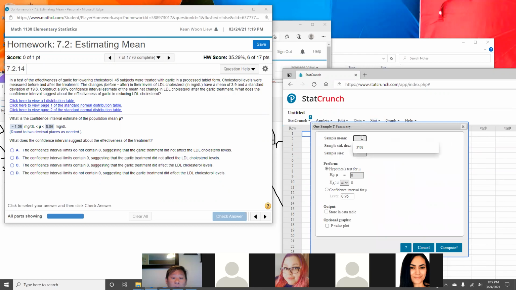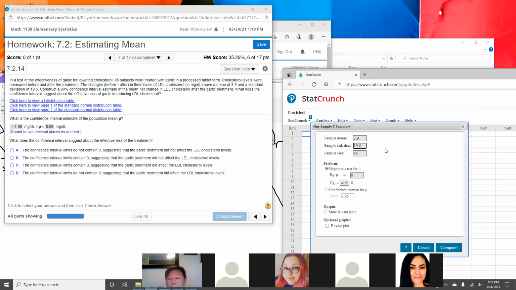For the subjects, the sample size would be 45, and then the mean is 33.9, and the standard deviation is 19.8.